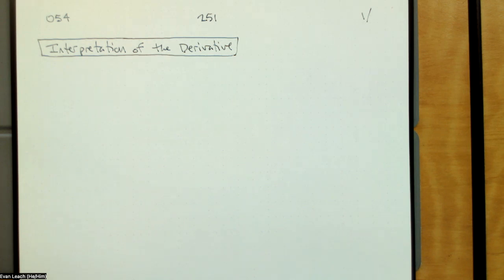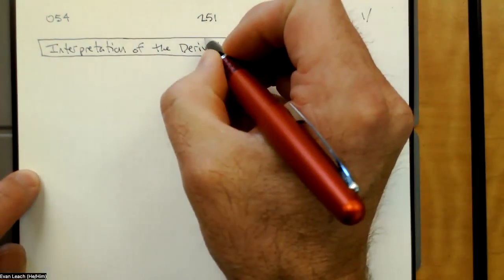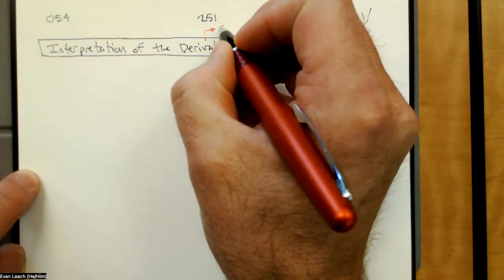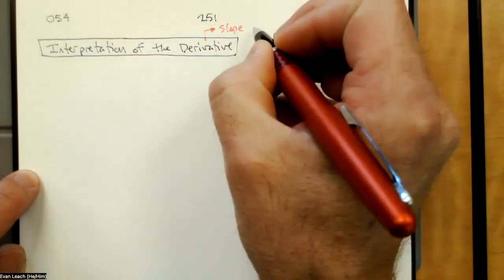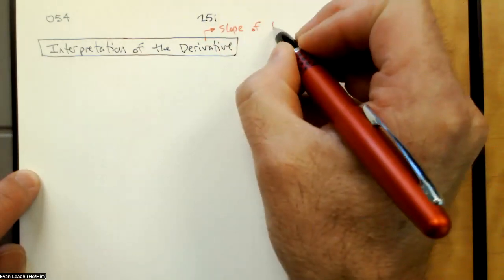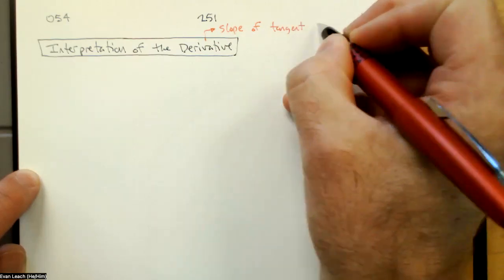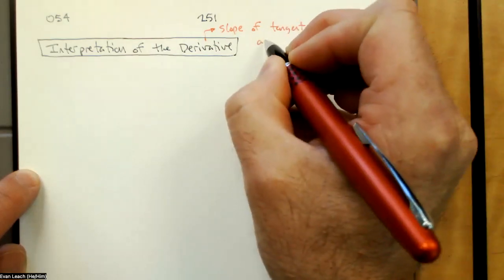Anyway, let's talk about interpreting the derivative. We have to remember where we first got this idea for the derivative. We first got this idea by thinking the derivative is going to tell us the slope of the tangent line at a point.